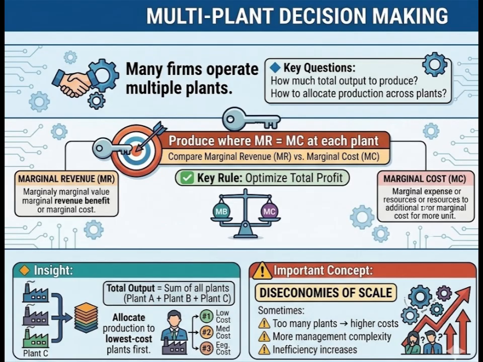The key rule is produce where MR is equal to MC at each plant. MR is marginal revenue and MC is marginal cost. So total output is equal to sum of all plants. Therefore, allocate production to lowest cost plants first.